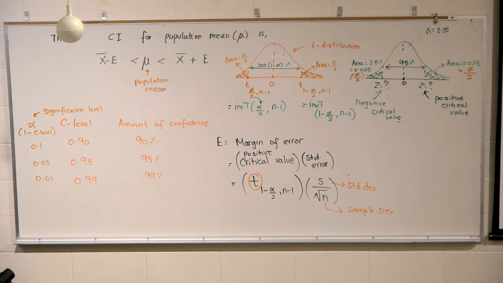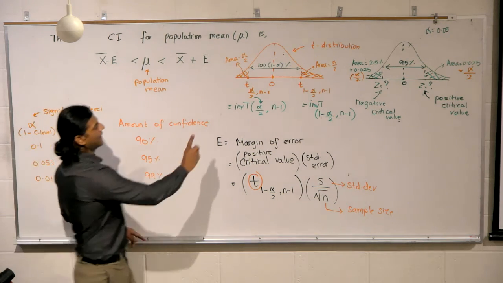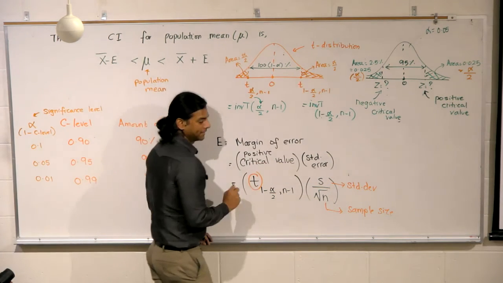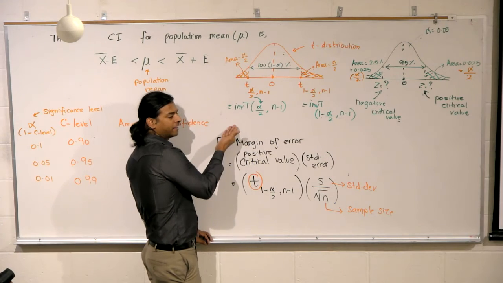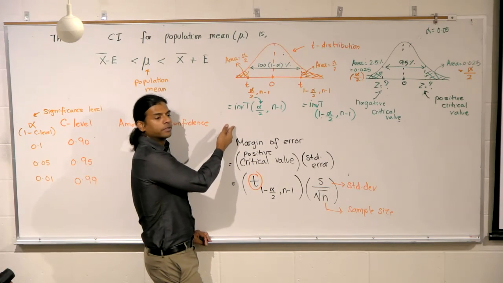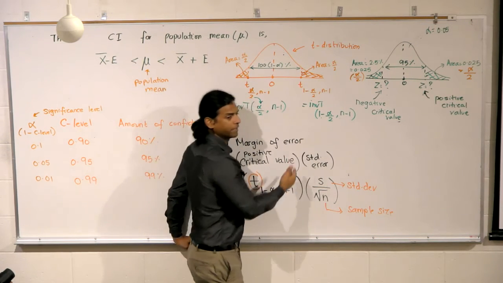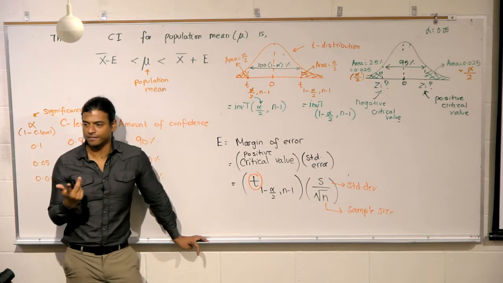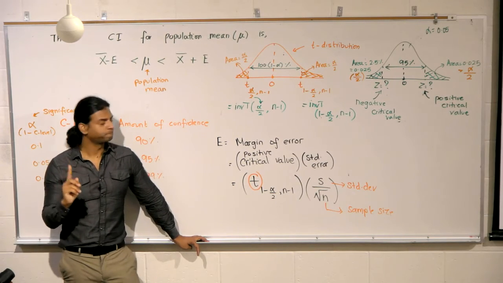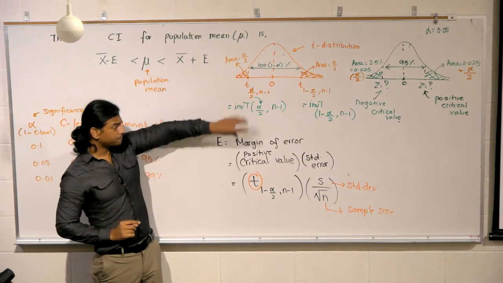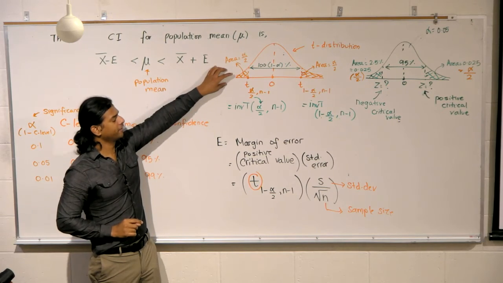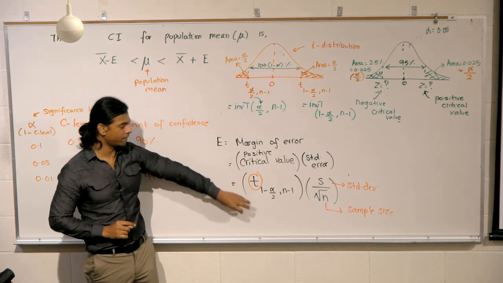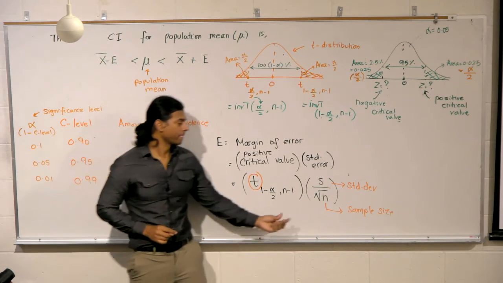I could find one and use that value to find the other. So if this value is negative 1.95, that would be positive 1.95. Does that make sense? Okay, so we use the t distribution and inverse t to find the positive critical value.